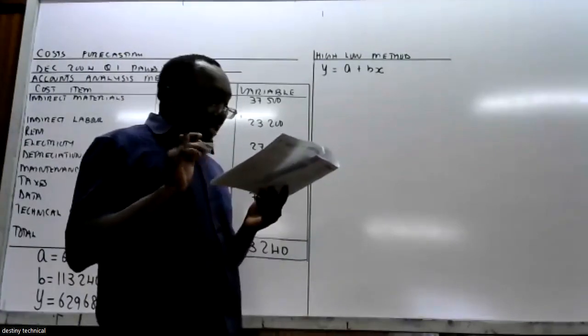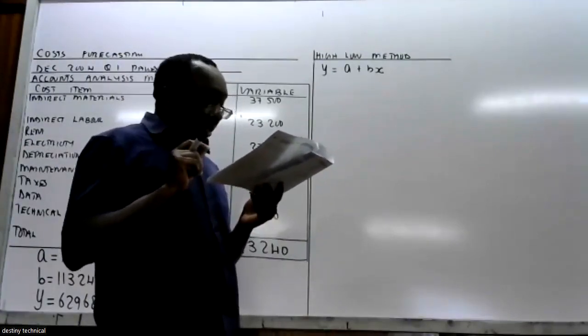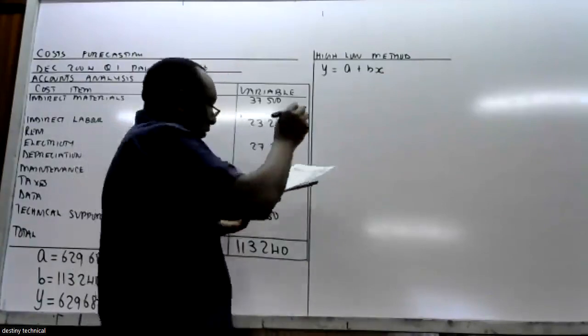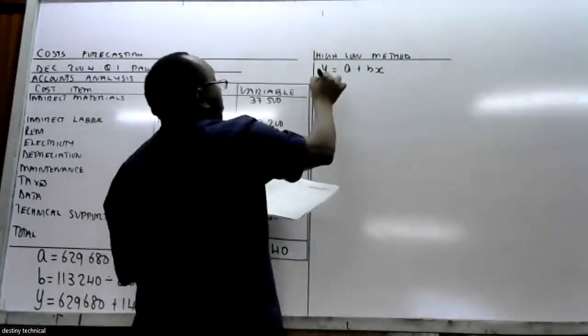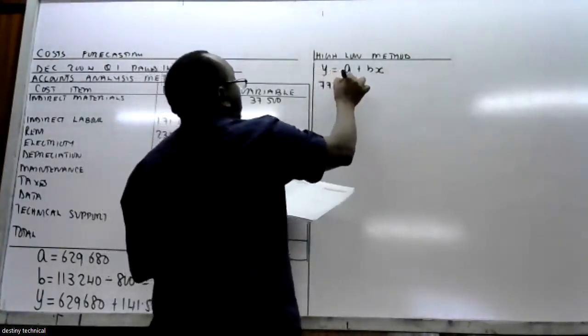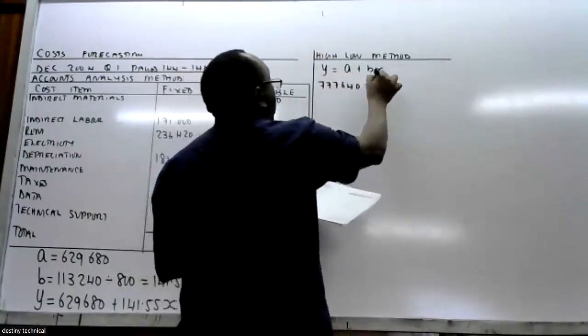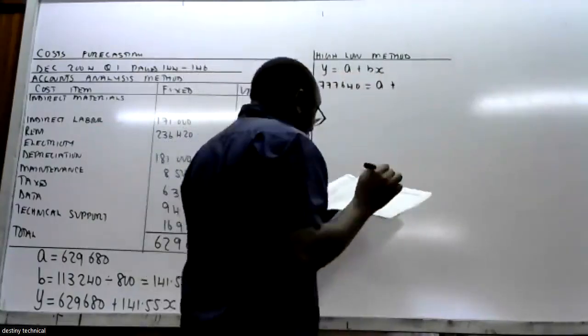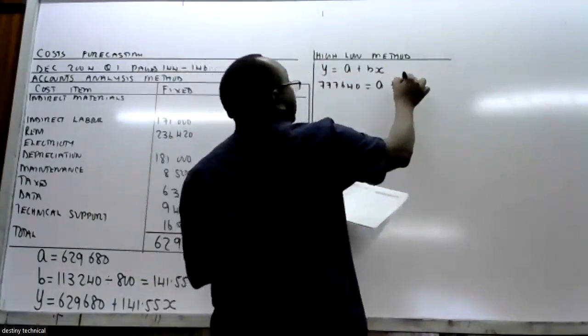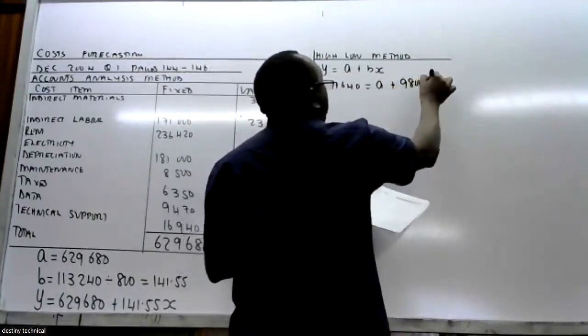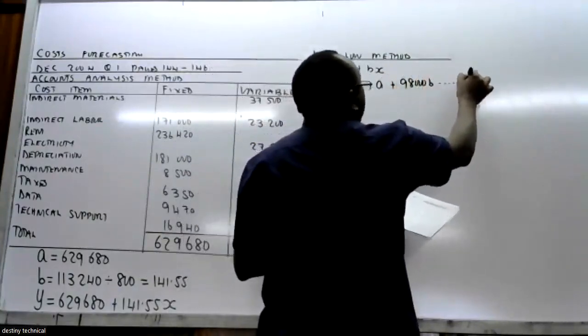So once you have identified those ones, you now identify their cost. So for the 98,000, the cost is 777,640. You say equals A plus BX, X is 98,000. 98,000 B, this is the highest.